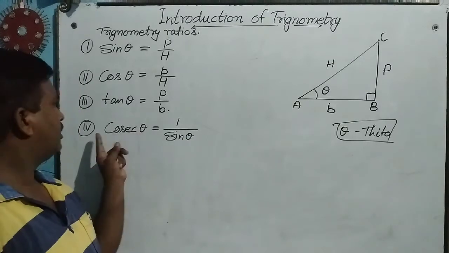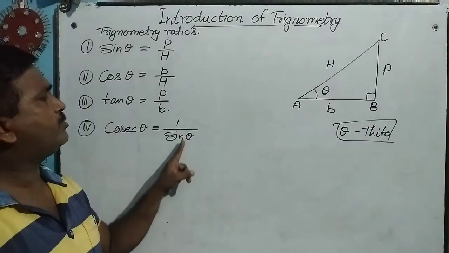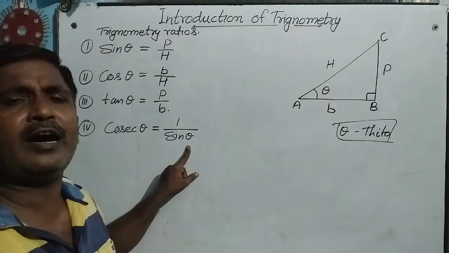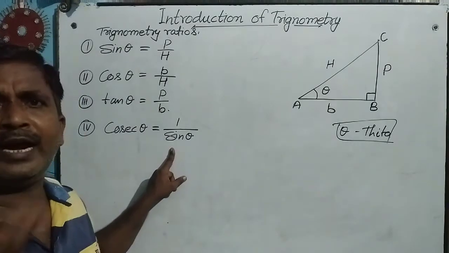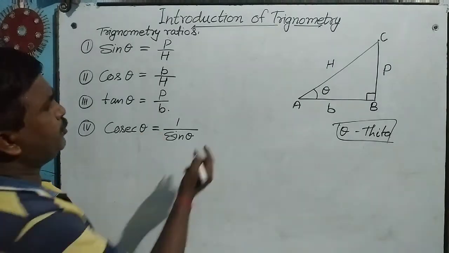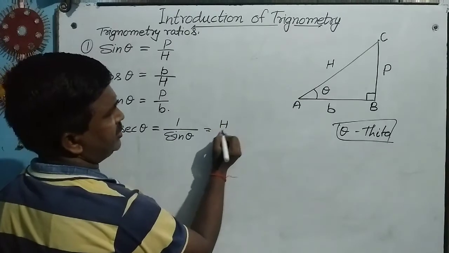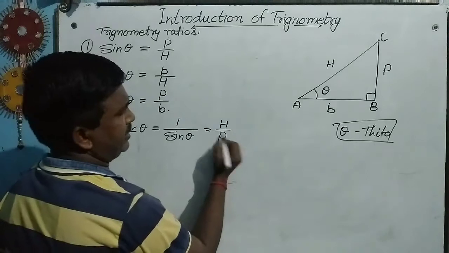Cosec theta is equal to 1 upon sin theta, the inverse of sin, so H in the numerator and P in the denominator.